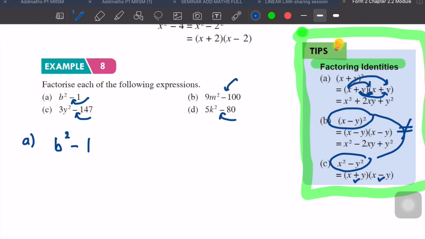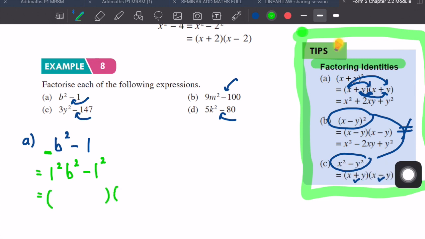So first tukar dulu semua ni dalam bentuk perfect square. Kita tahu kalau di depan B ni sebenarnya ada satu kan. So 1 square B square minus 1 square. Ingat 1 is perfect square. Bila kita boleh tulis semua ni dalam bentuk perfect square dan tengah-tengah ini adalah tolak, so apa yang kita buat?